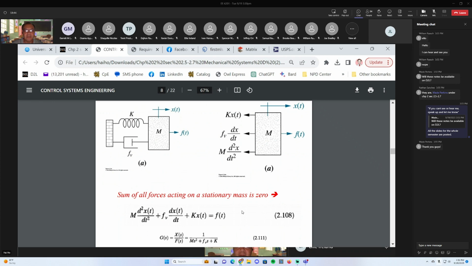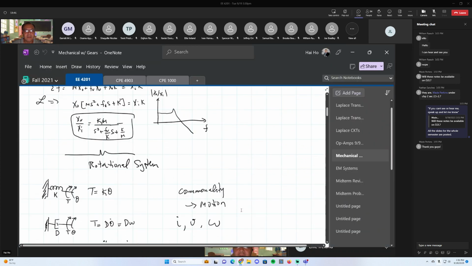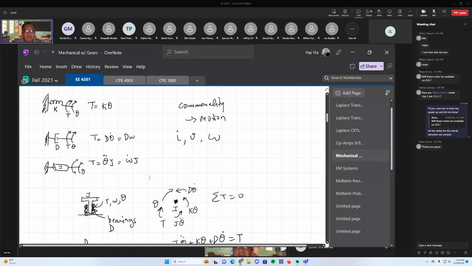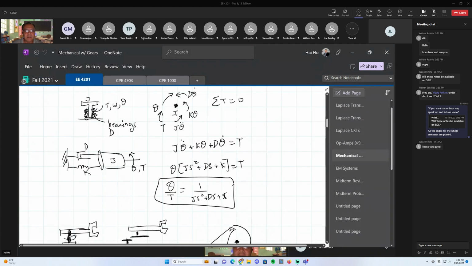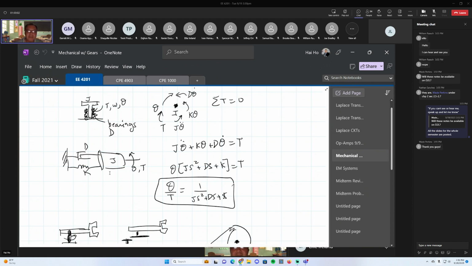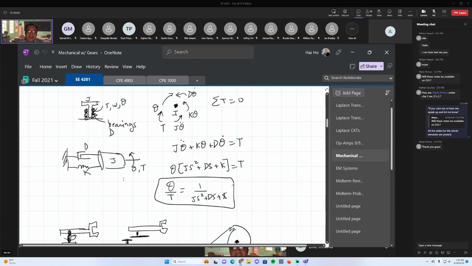Well, okay. The duality of that is the rotational system. When you see this, boom, this is the transfer function for that module of rotational system. All right, so now we're going to take a rotational system and add gears to it.